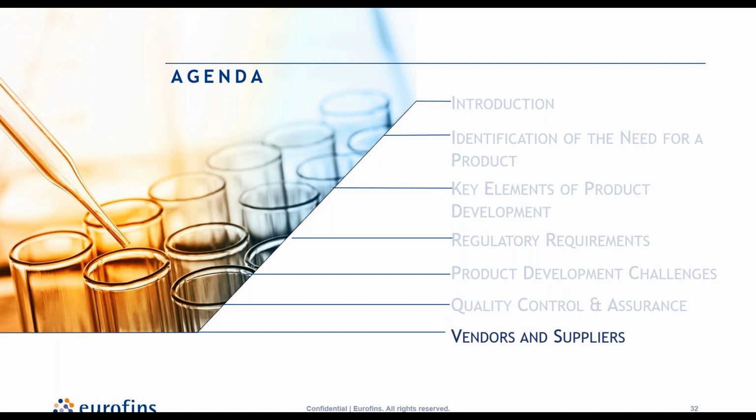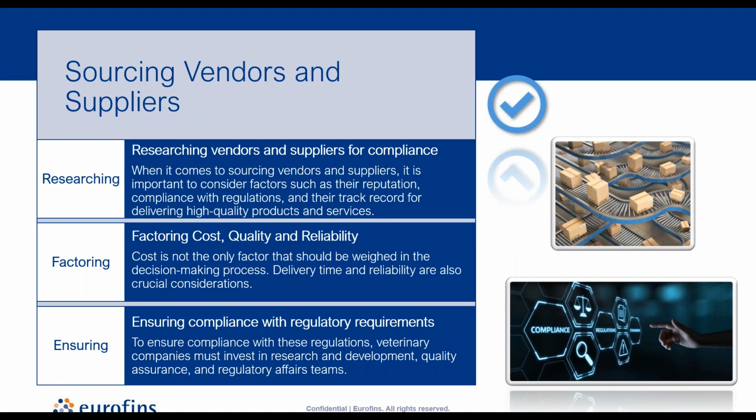Again, high level thought process around cost, delivery time, reliability, ensuring compliance with regulatory requirements when we're looking at vendors and suppliers, the company's records, as well as other customer feedback, testimonials, and evaluating the consultative services that those vendors or suppliers offer to help ensure the best product outcome in the end for your material.